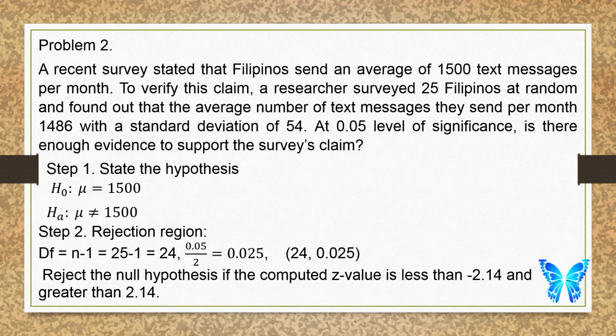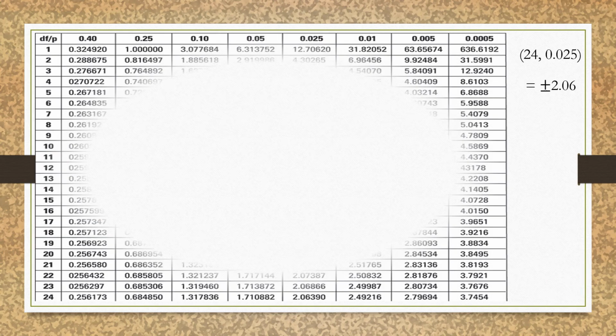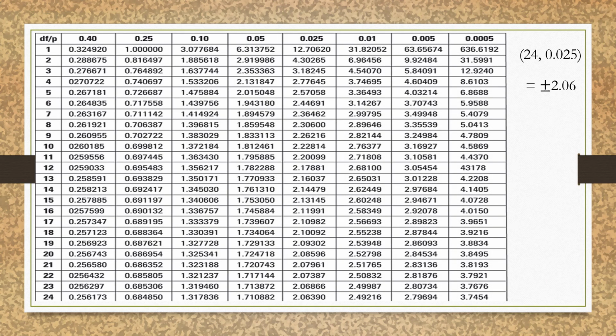Reject the null hypothesis if the computed value is less than negative 2.06 and greater than 2.06. As we observe, we use both negative and positive values because that is a non-directional test. Here we have an illustration of how we get the value, plus minus 2.06.